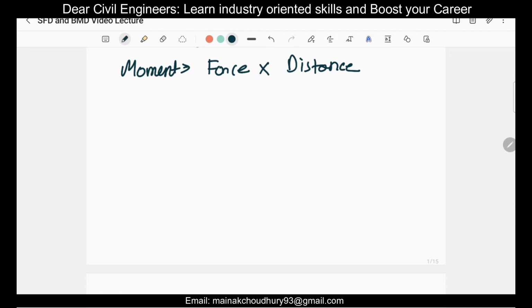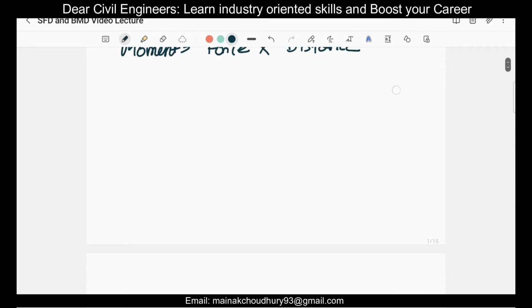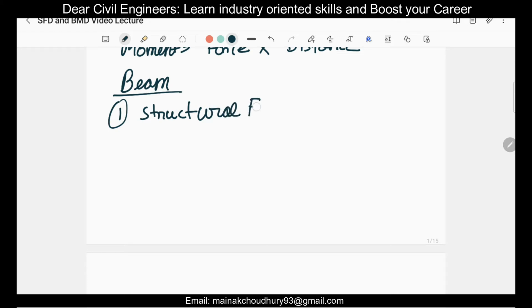We are mainly going to find out the shear force and bending moment of beams here. So what is a beam? First of all, it is a structural element, like columns, beams, slabs and staircases, and the forces applied are perpendicular to the member axis.